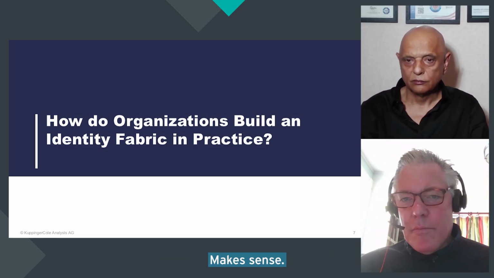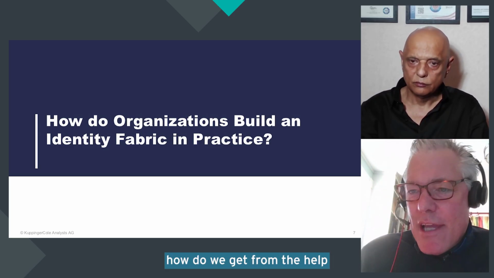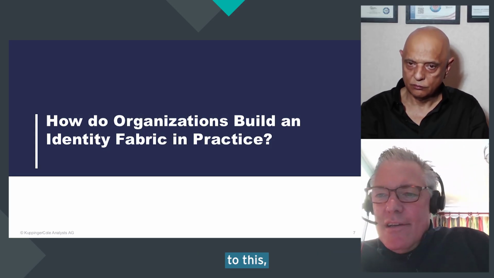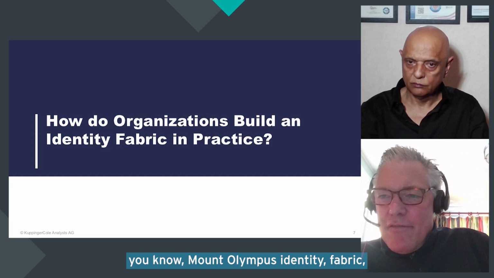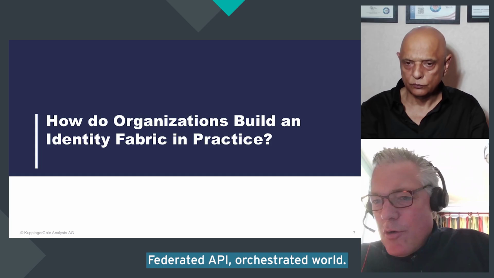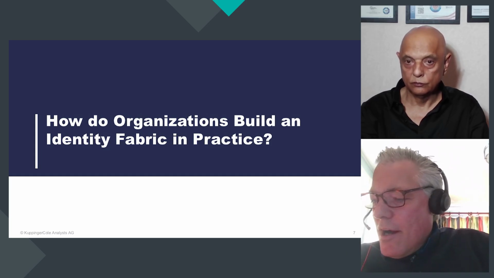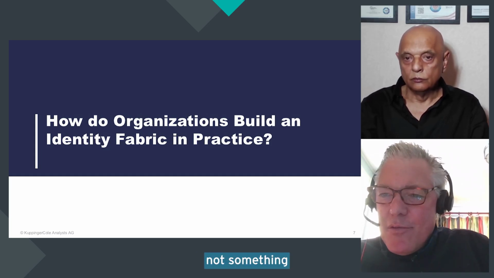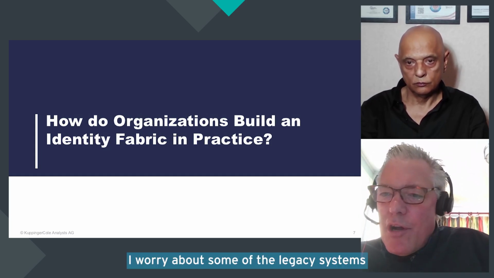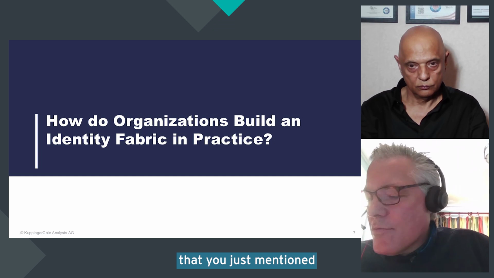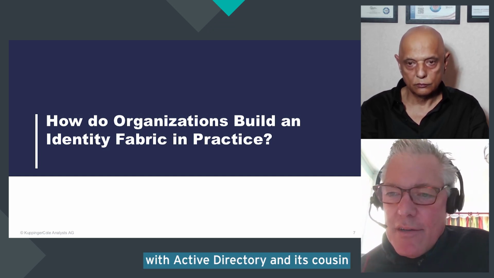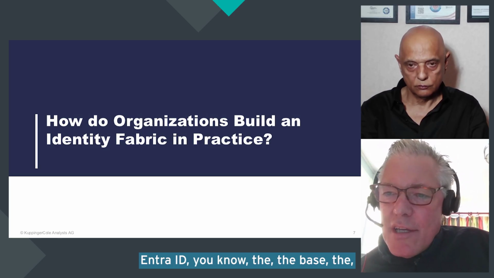Makes sense. So the final question is, how do we help organizations get from wherever they are to this Mount Olympus identity fabric, where everything works well together, in a federated, API, orchestrated world? Obviously, it's not something we're going to do in one step. For example, I worry about some of the legacy systems that you just mentioned, specifically in my work with Active Directory and its cousin Entra ID.